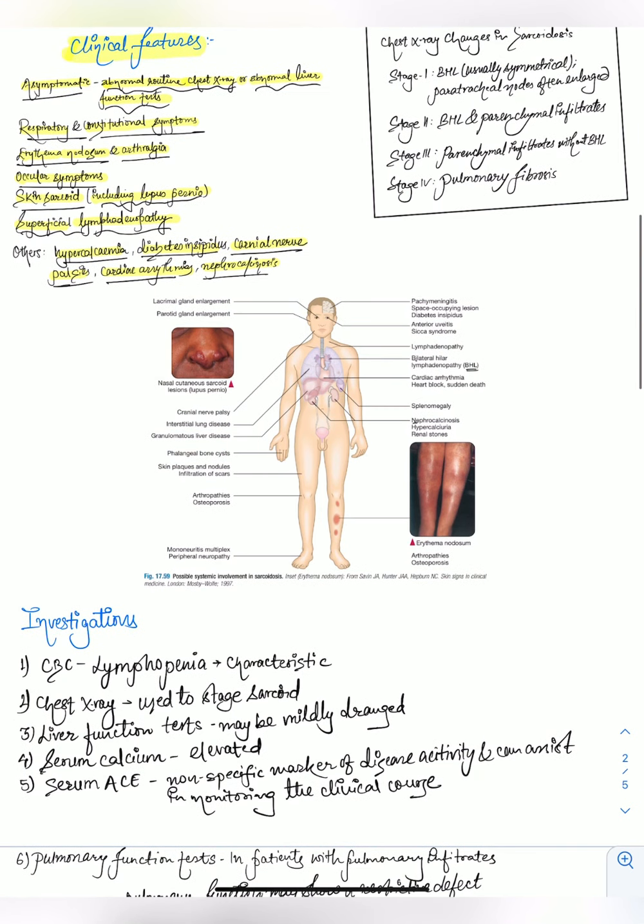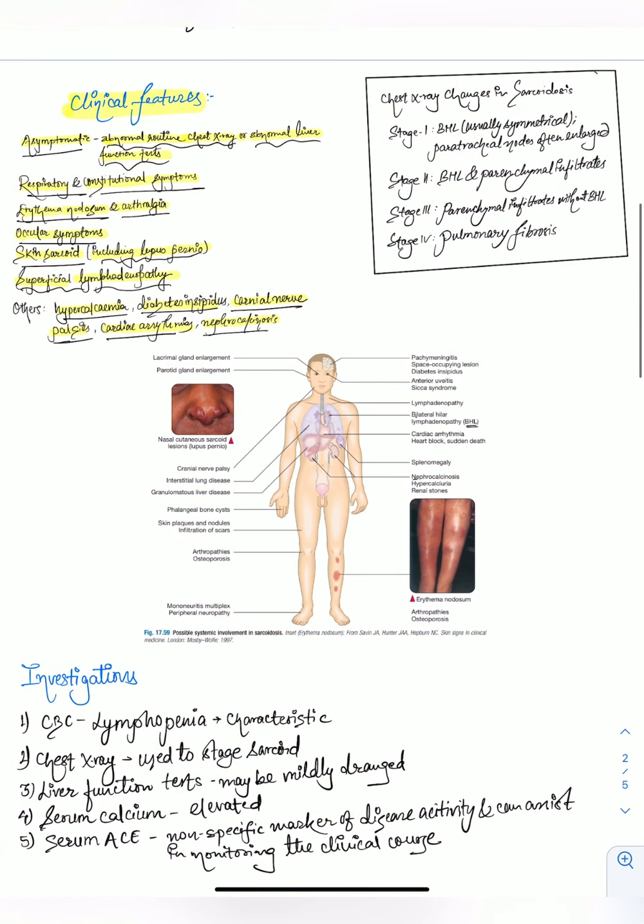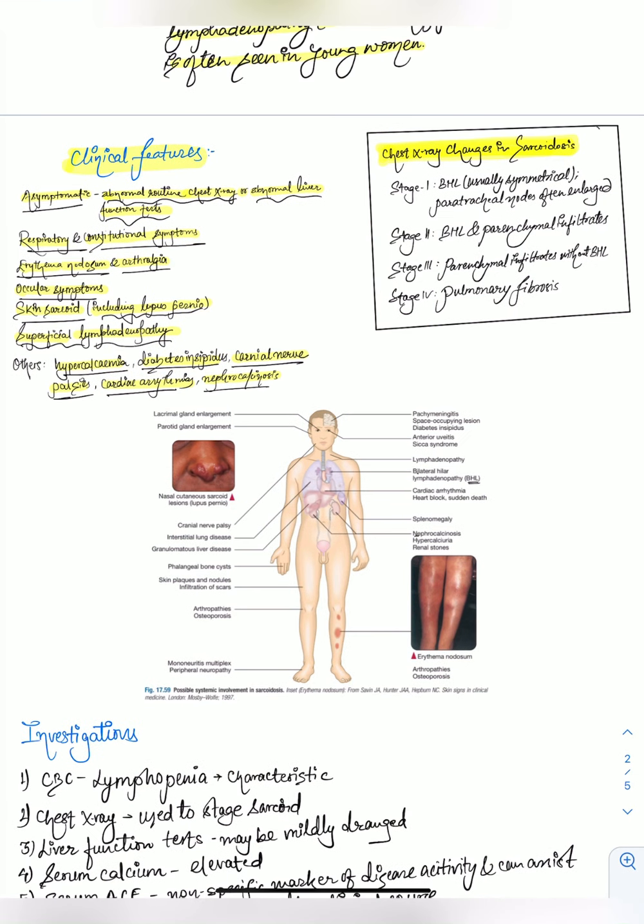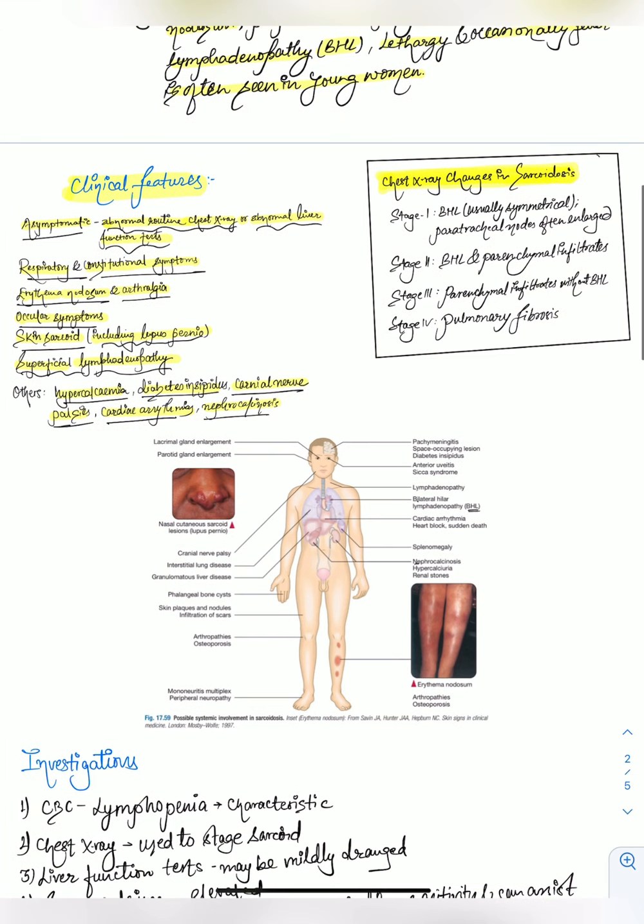Before that, I want to say a little about chest X-ray changes in sarcoidosis. Then we'll go for other investigations. It is very important, and it gives us very important information.